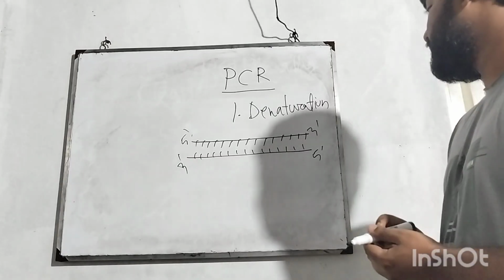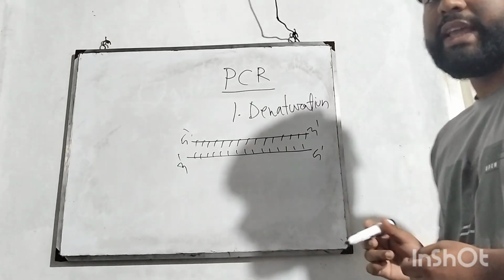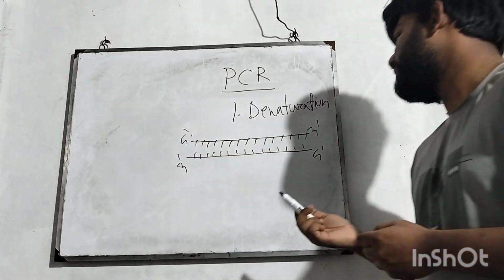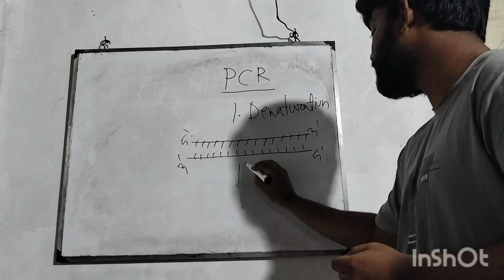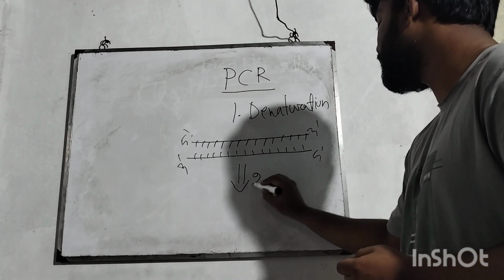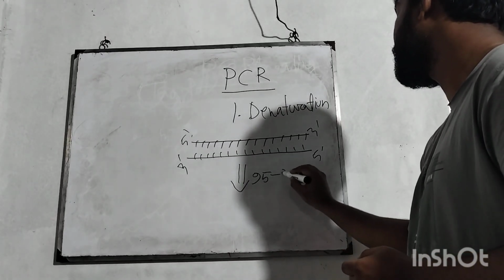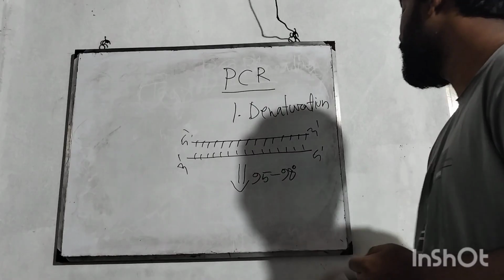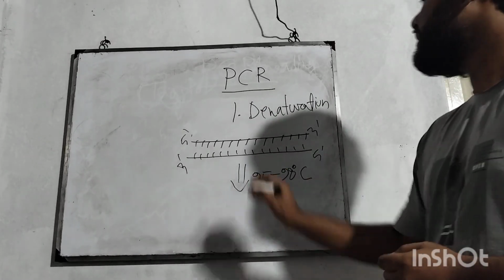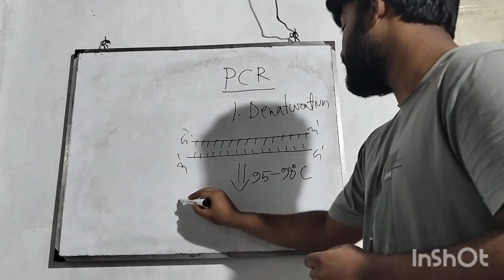Now, if I apply high temperature, which is almost the boiling point, my double stranded DNA will become single stranded.